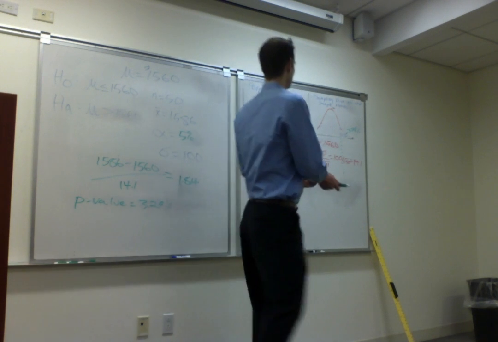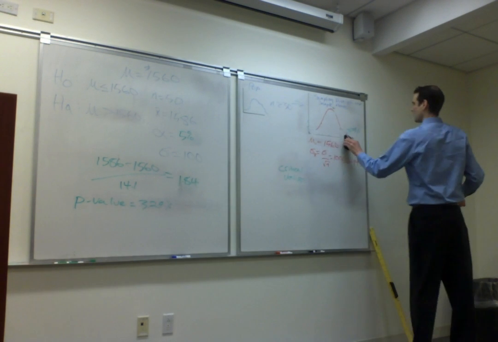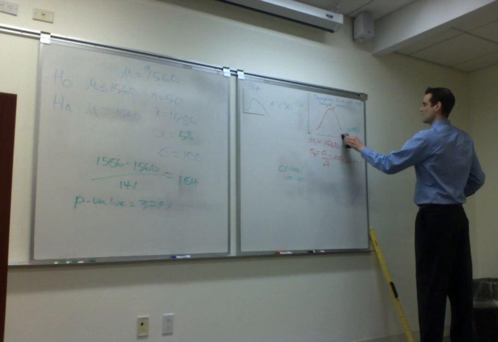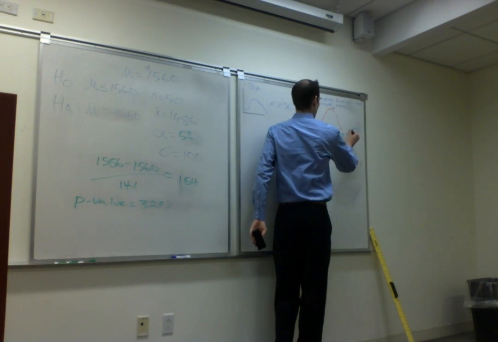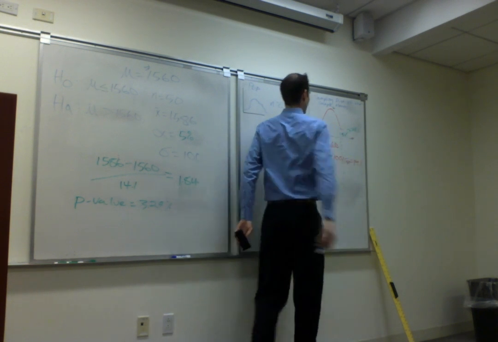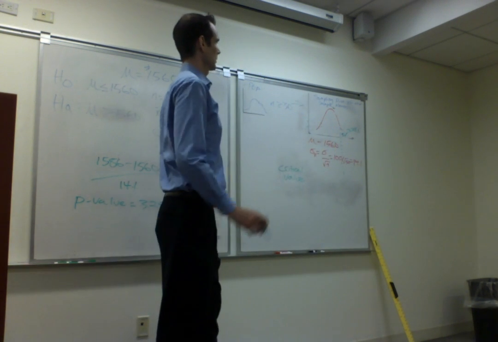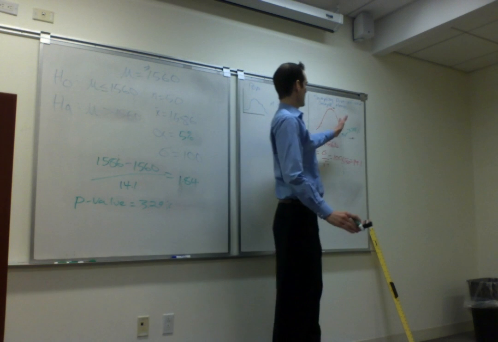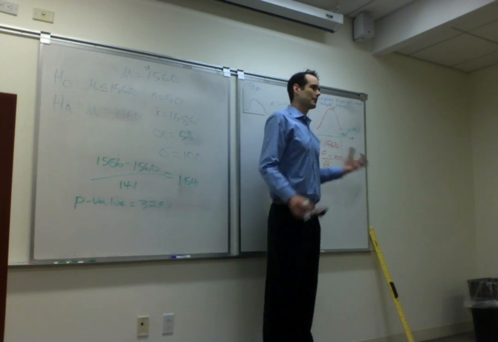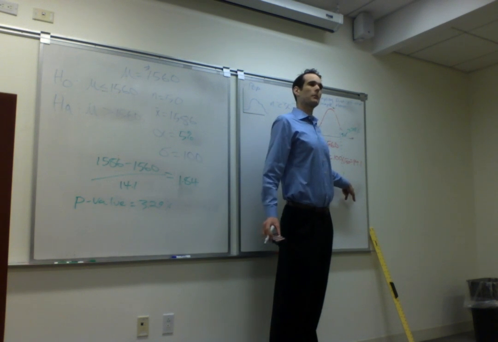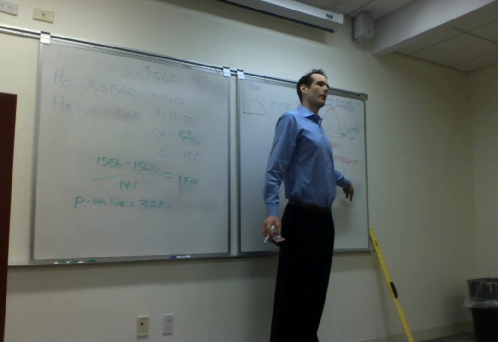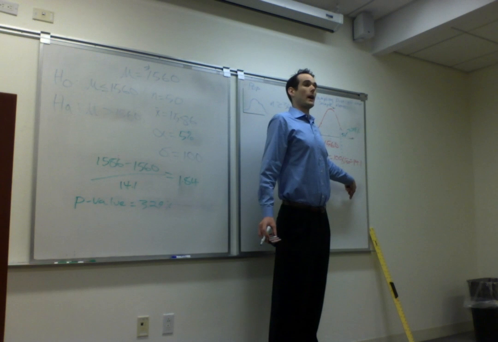So we want to find the area under the curve, the upper tail, 5%. Where's that 5% mark? Stuff that extreme happens 5% of the time. By stuff that extreme, I mean we get a z-score that high or higher.